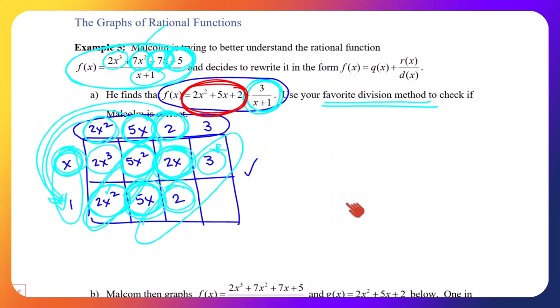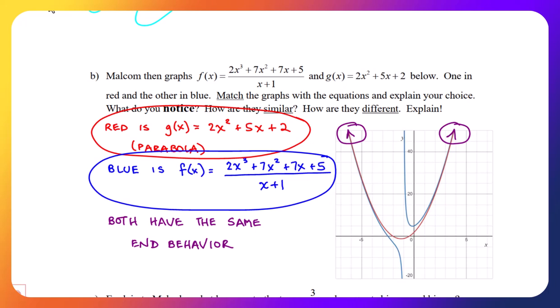So that here is the original problem, and that's the blue graph. So if I do the division, these two are the same. But for the red graph, I'm going to take off the remainder. Let me write the remainder here. 3 over x plus 1.